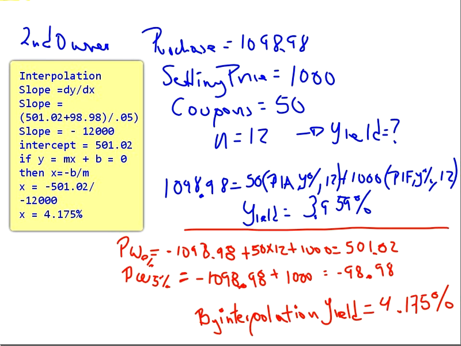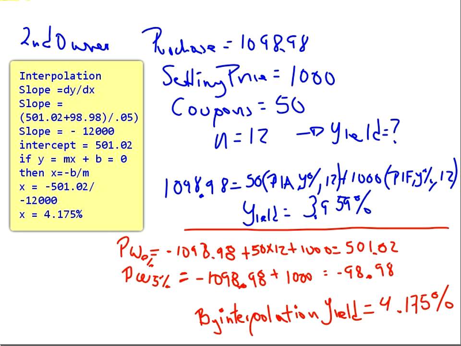And now we're interested in finding the interest at which the present value of this expression is 0. So we make the assumption of a straight line between these 2 points, and the intercept at 0, or when the present value is equal to 0, would happen by interpolation at 4.175.